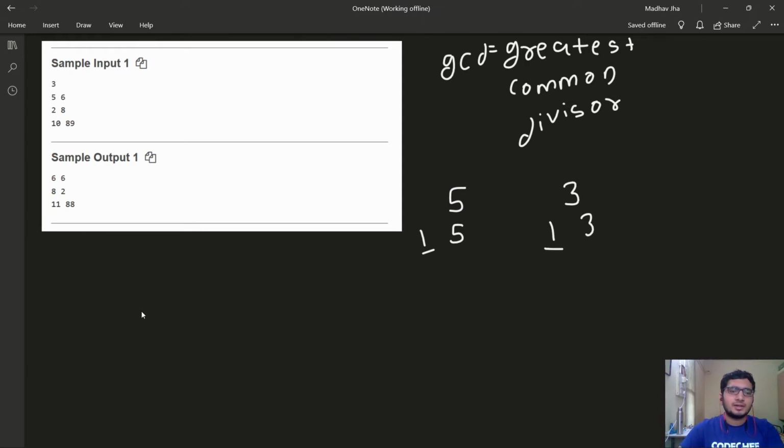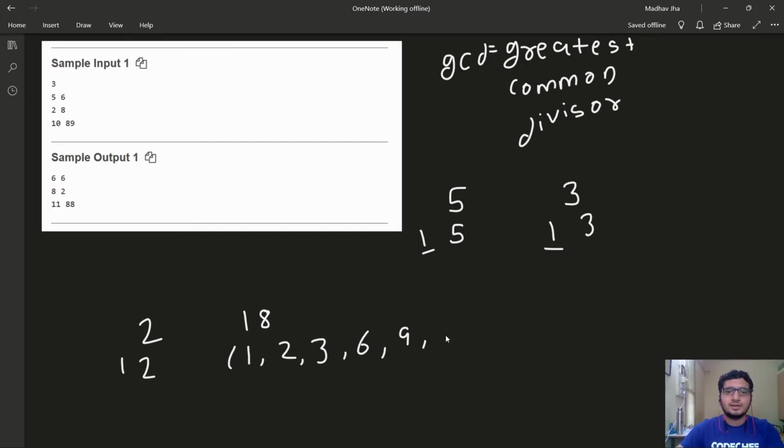Now if I were to take, let's say, 2 and something like 18. So 2 is divisible by 1 and 2, whereas 18 is divisible by 1, 2, then 3, well, not by 4, not by 5, then 6. Is it divisible by 7 and 8? No. So 9, by 10?